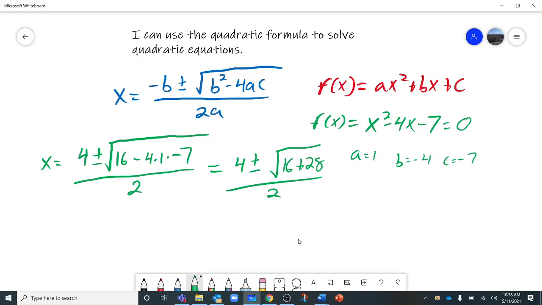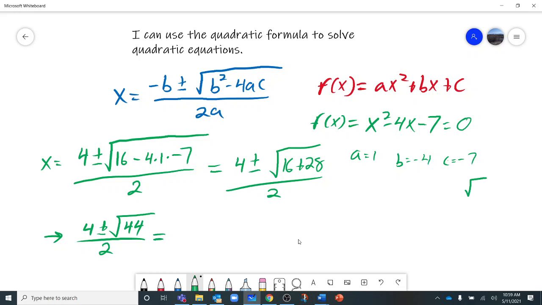16 plus 28 is 44, I believe. So we have 4 plus or minus the square root of 44 all over 2. I want to keep it in the radical. We will get a decimal approximation at the end, but I want to keep it in the radical for now.